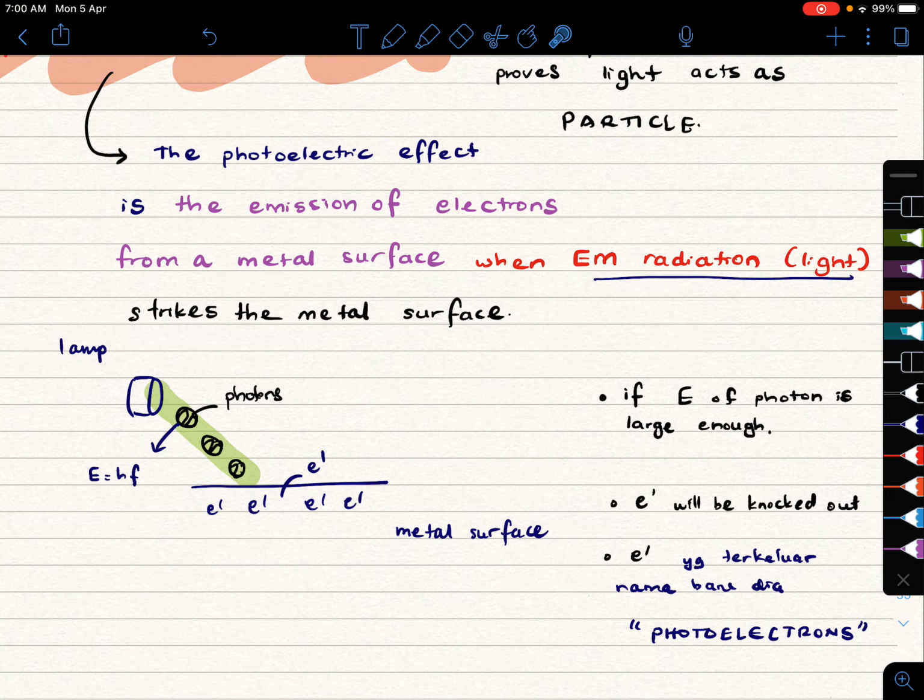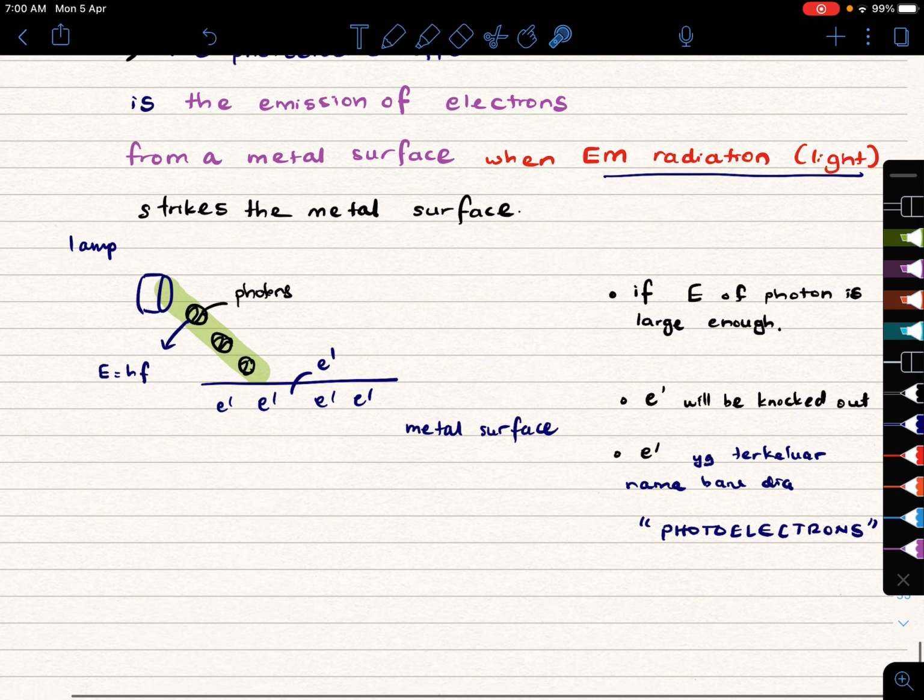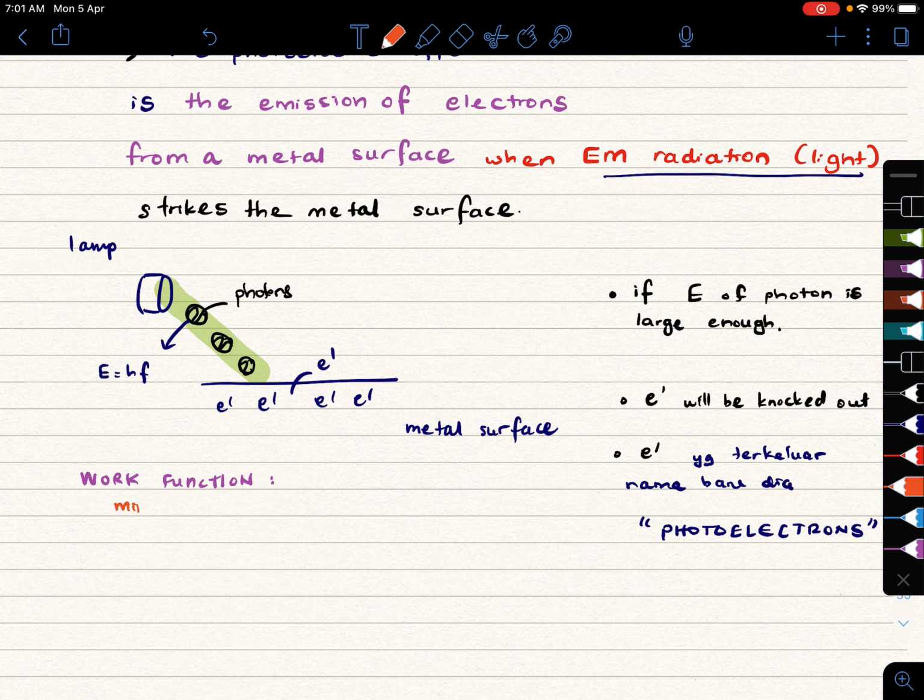Alright. So, okay, Miss nak introduce kamu satu term ni okay. So you have to write this down, okay. So term ni nama dia adalah work function, okay. So don't be afraid of the term okay, fahamkan apa maksud dia, okay. So work function is the minimum energy of EM radiation.